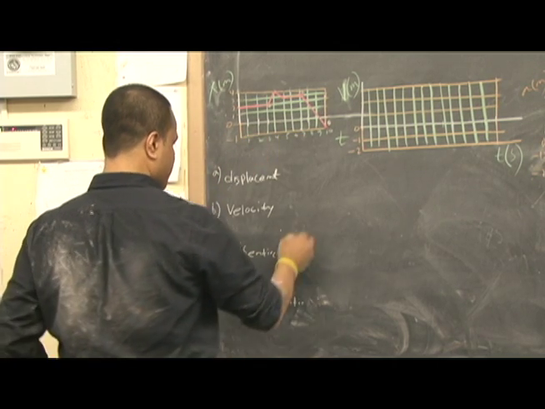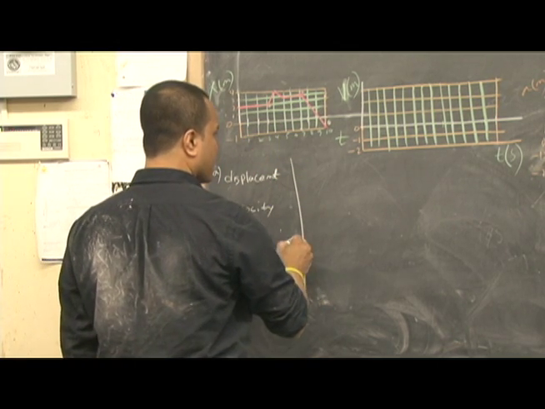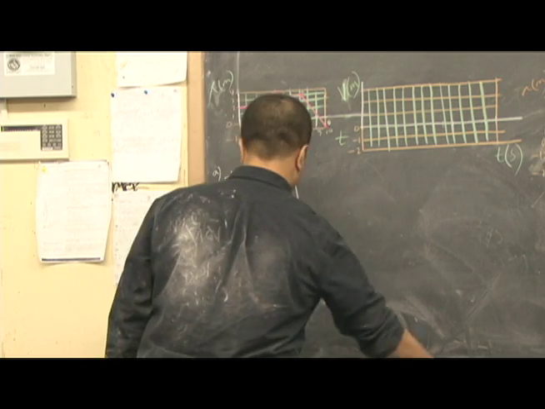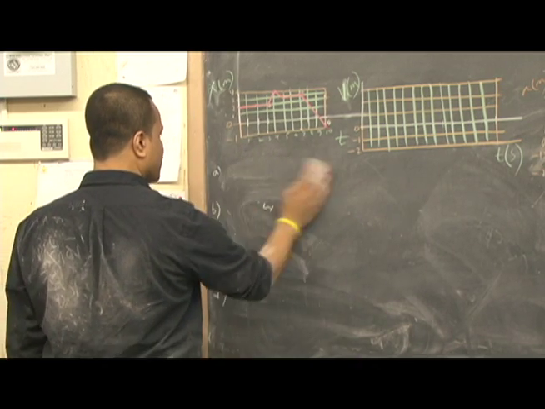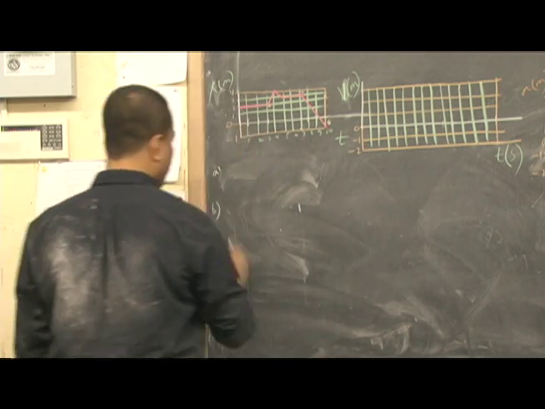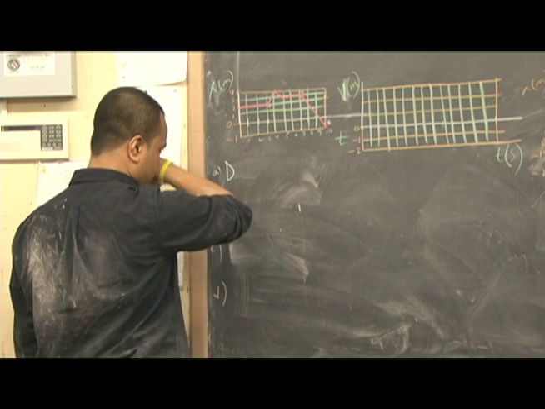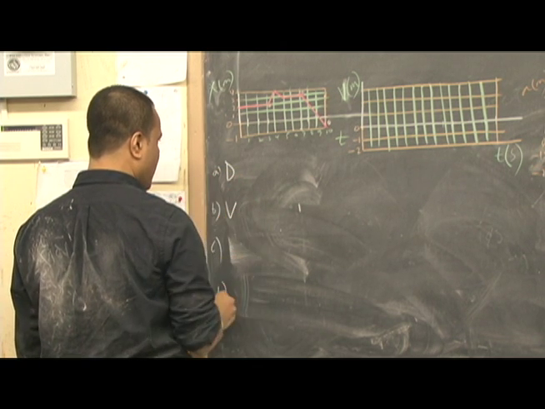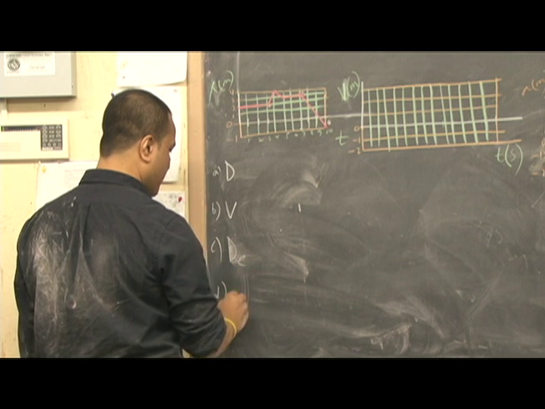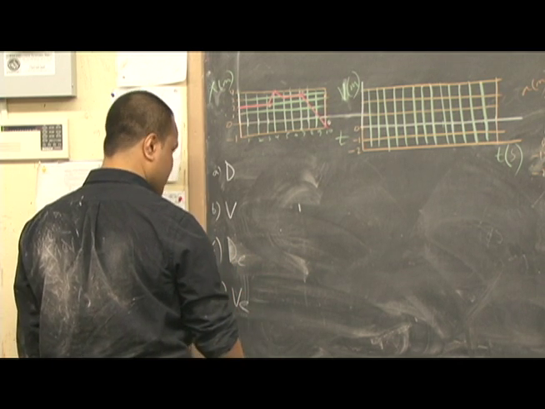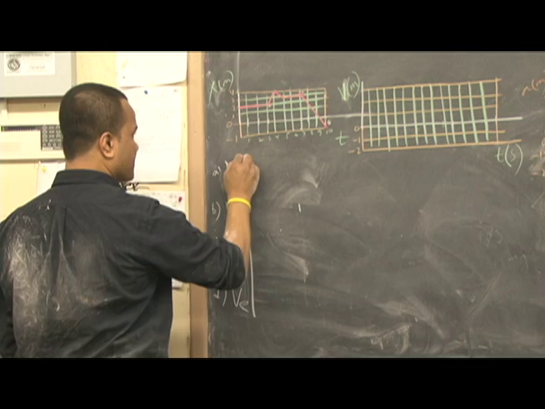Yeah, so let's put a box here. To save space, let's put displacement for D, and velocity for B, and D entire area, B entire area.